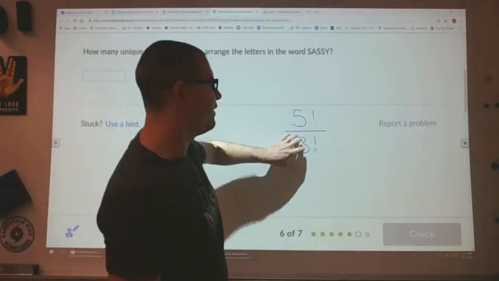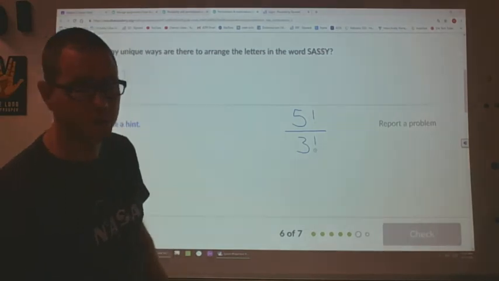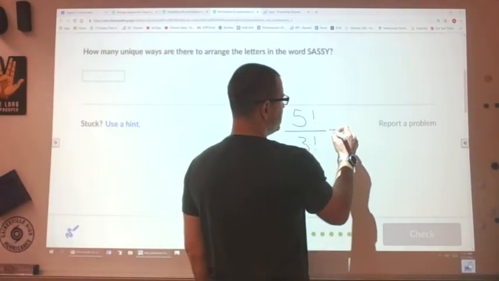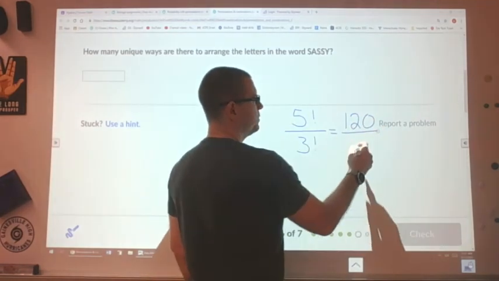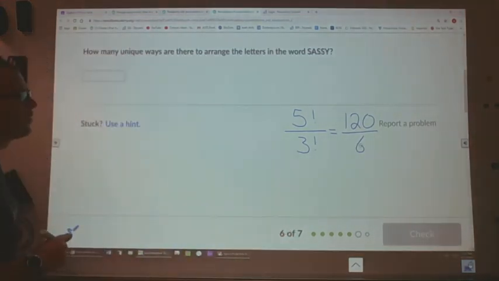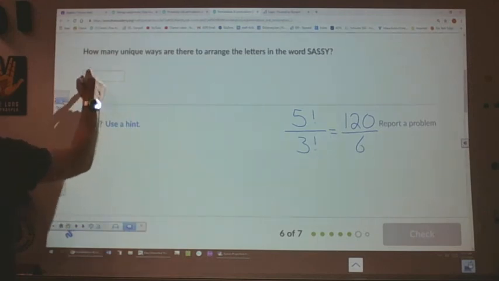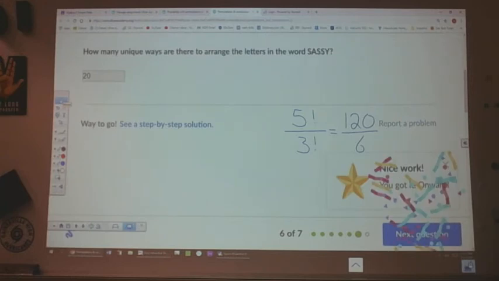In this case, we're dividing out those arrangements because if these 3 S's move around, we have no way of knowing. 5 factorial is 120. 3 factorial, 3 times 2 is 6. So that's going to leave us with only 20. 20 ways to rearrange the letters of the word sassy.